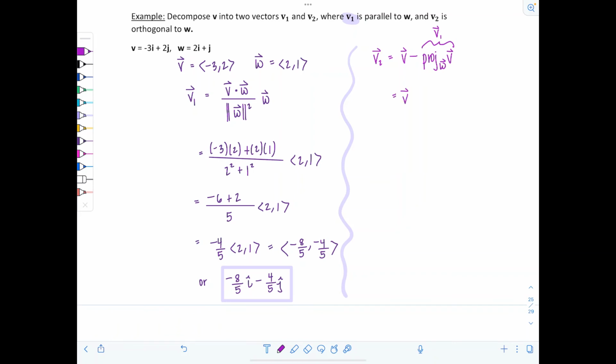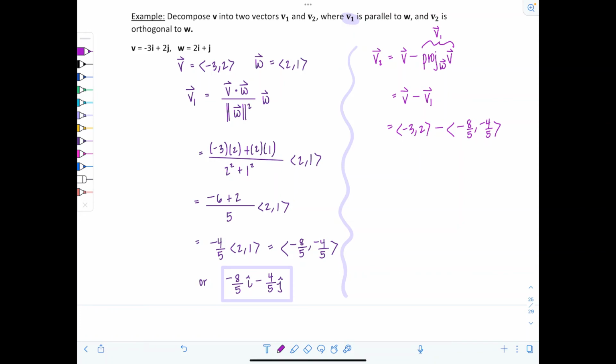Okay, so it's V minus V1. Where's V? V was -3, 2, and I'm subtracting what I just found here. That's V1, all right? So subtracting -8/5, -4/5.